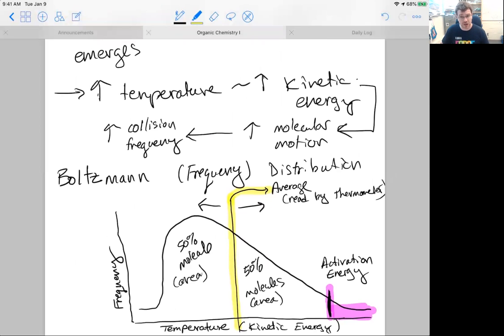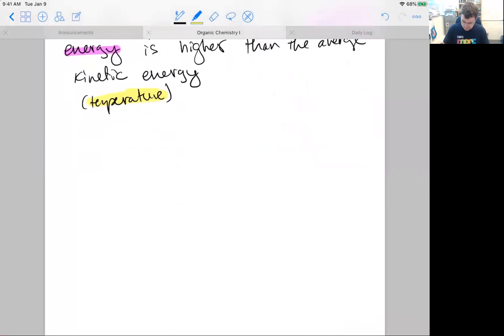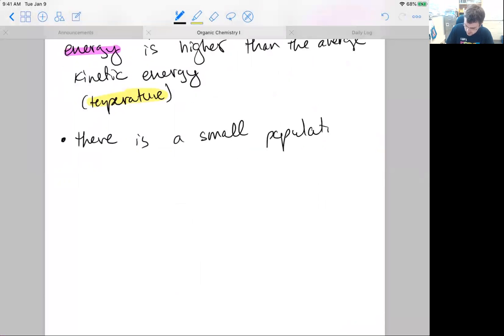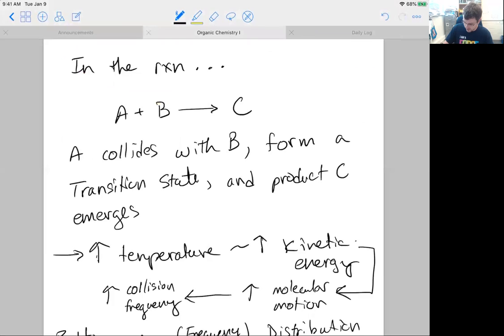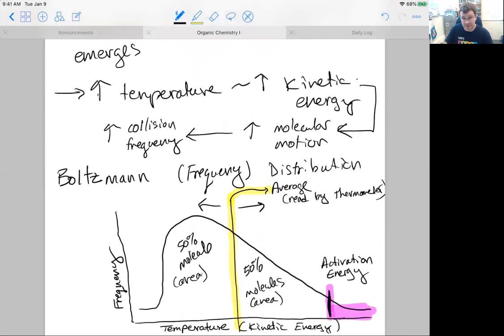But you notice I did shade in an area purple to the right of that activation energy. There is a small population, that is the frequency or the number of molecules that have an energy greater than that activation energy is small, okay? If you look at the shaded part of the graph, that is a smaller region of the graph than the rest of the graph.